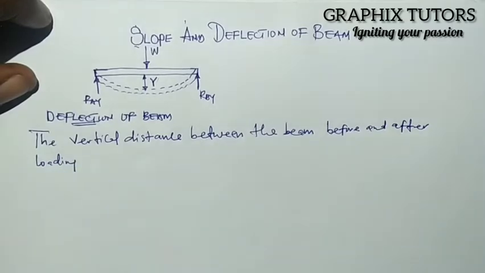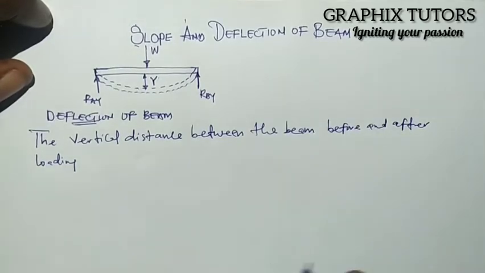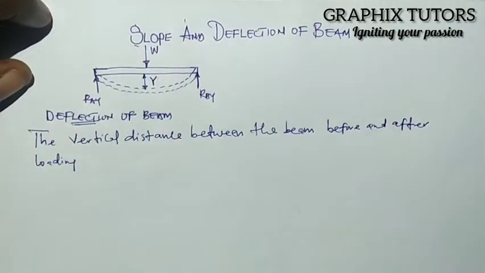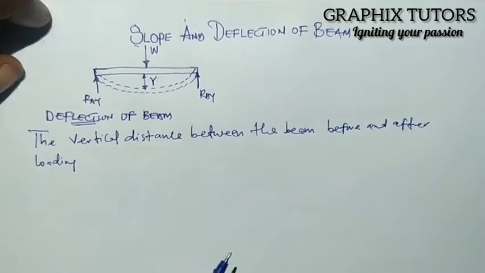Or we say that it is the vertical displacement of a point on the loaded beam, and the point can be anywhere on the beam, right?